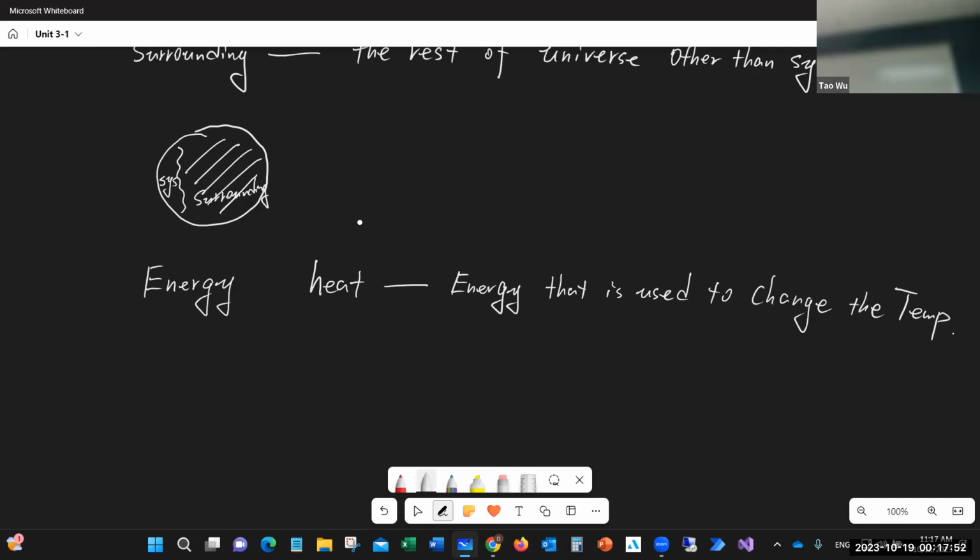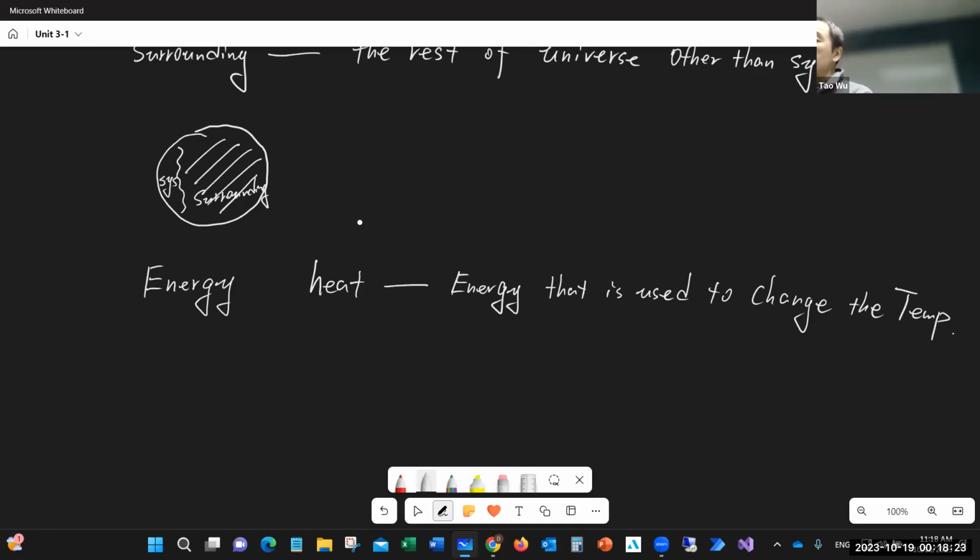If you absorb heat, the temperature will increase, just like when you boil water. When you boil water, it constantly absorbs heat from the stove, and then the temperature of the water will increase. Are you clear? So that is a form of energy.